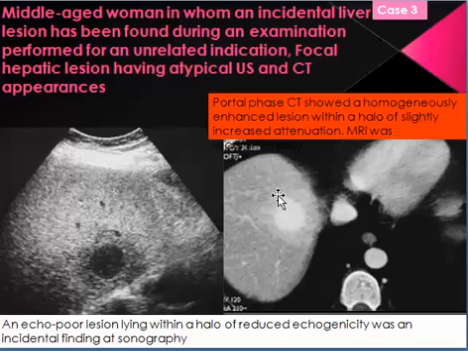There is an ill-defined margin, similar to this seen by ultrasound. An echo-poor lesion lying within a halo of reduced echogenicity was incidentally seen at sonography, confirmed by CT as a homogeneously enhancing lesion with poorly defined outer margin of increased density.